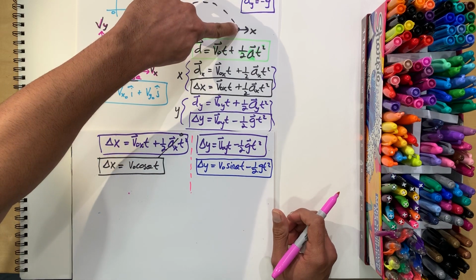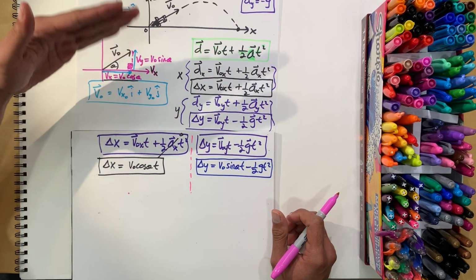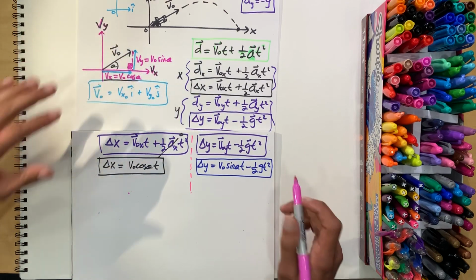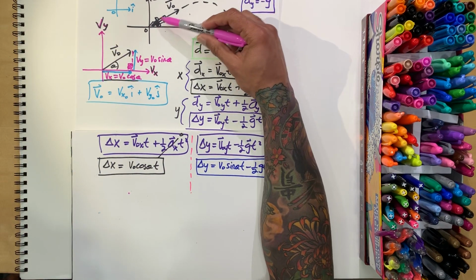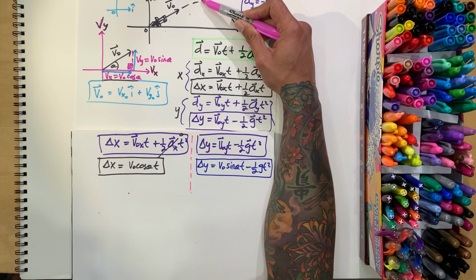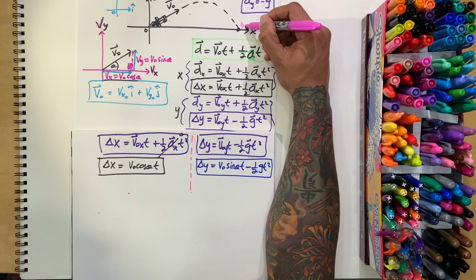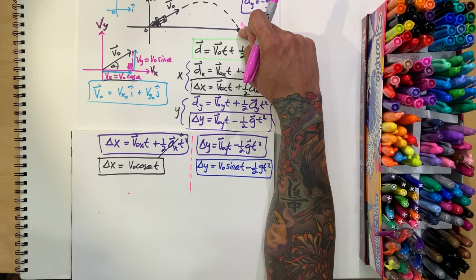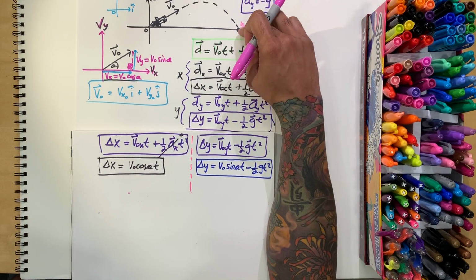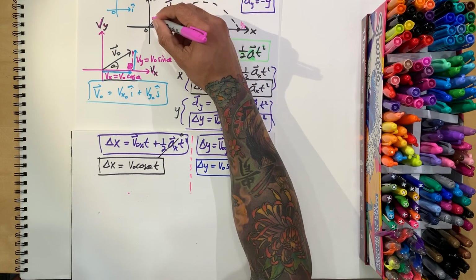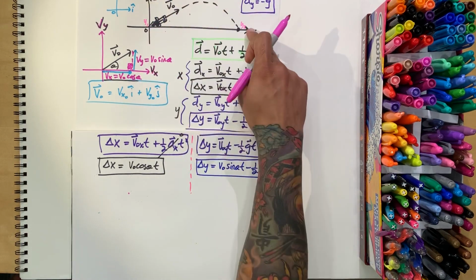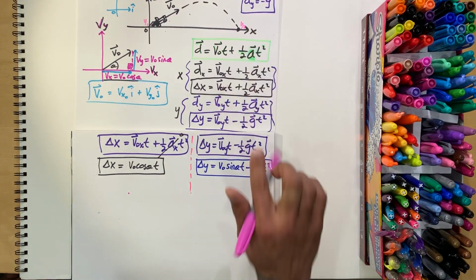So the change in y, y2 minus y1, is gonna be 0, because your last height is gonna be here, and your initial height was at the same place. So this is gonna equal 0, right?